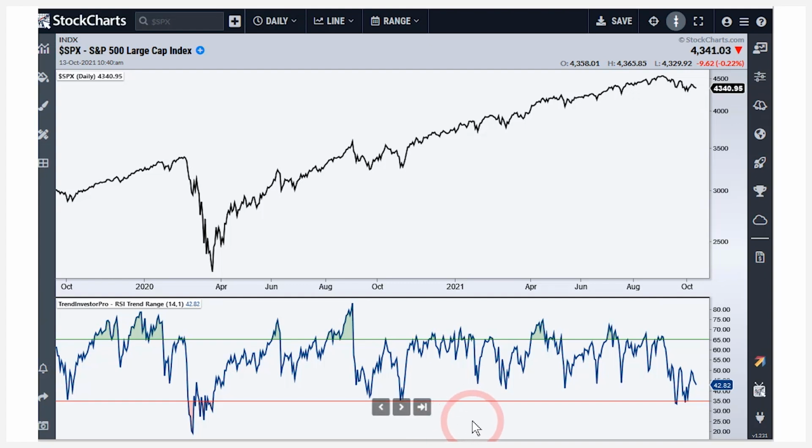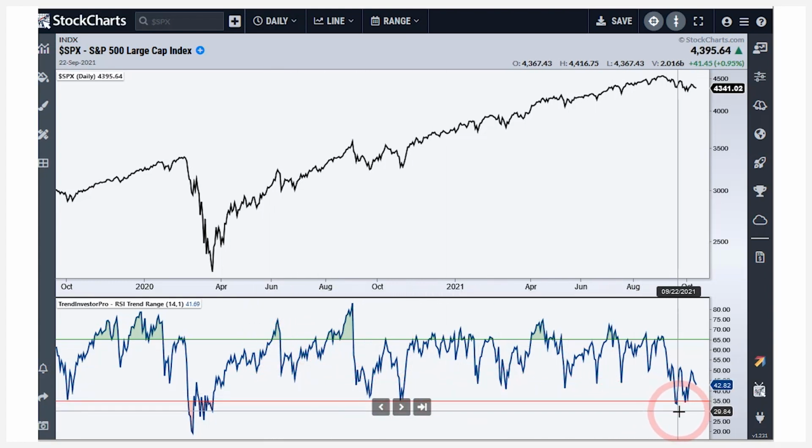It also depends on the ETF or the stock that you're using, because they have different volatilities and different characteristics. But if we just use the S&P 500 here and a 14-period RSI, you can see that during this uptrend, you got started in late May, early June, when you got above 65, and we haven't dipped below 35 during this entire advance until September 21st.